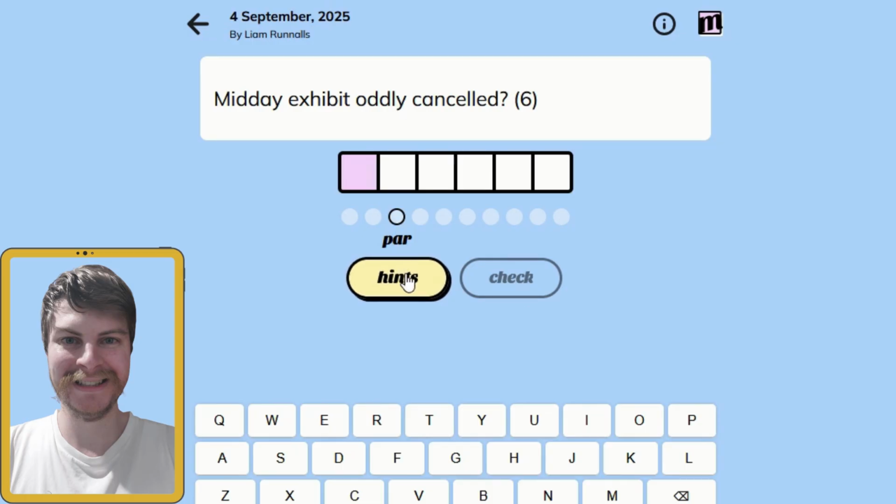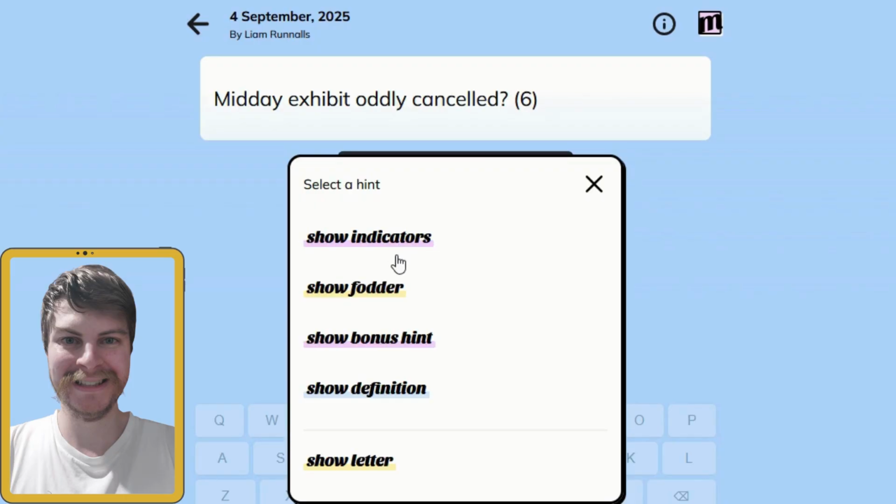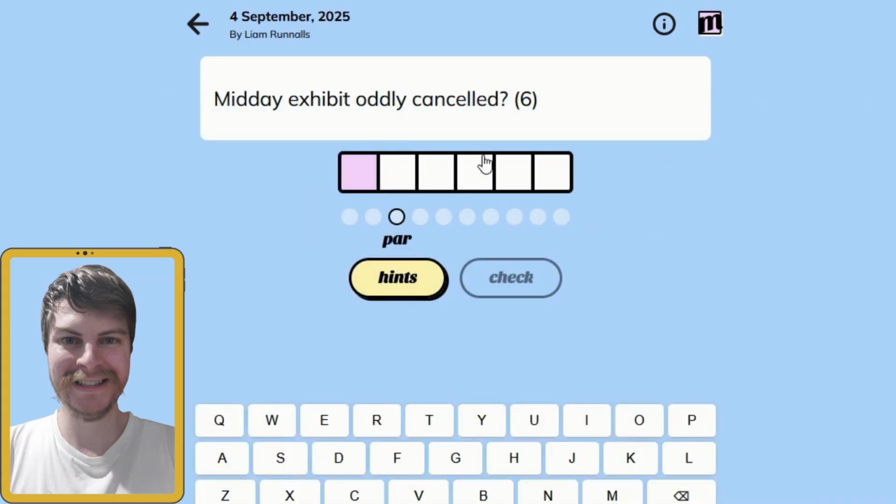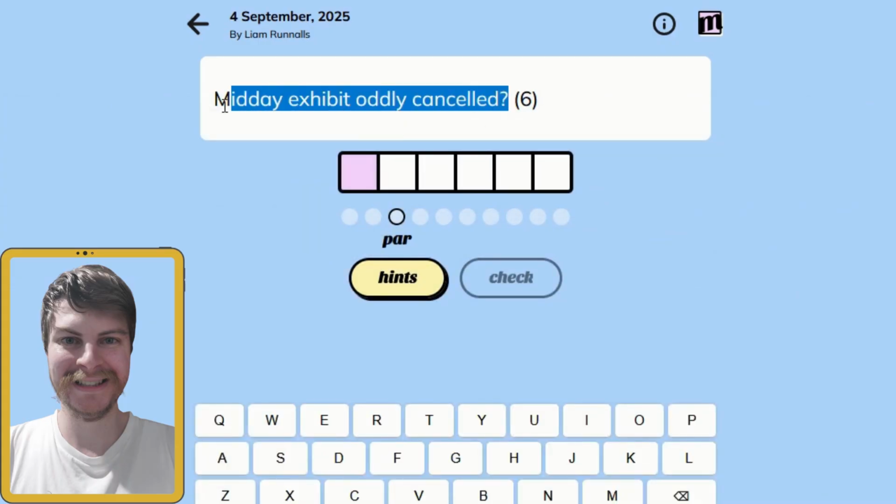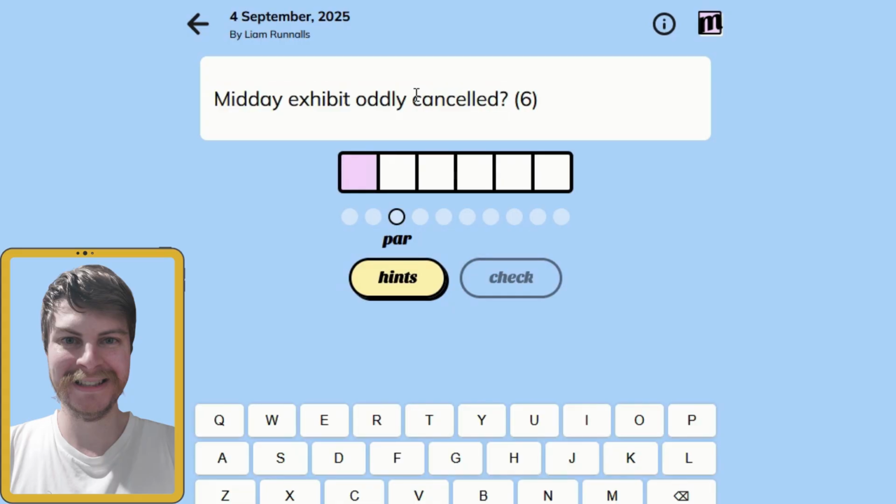Okay, there's a couple of hints I could try. There's a bonus hint, interesting. There's a definition. I could try the bonus hint and see what I can get, just to have a bit of a direction.